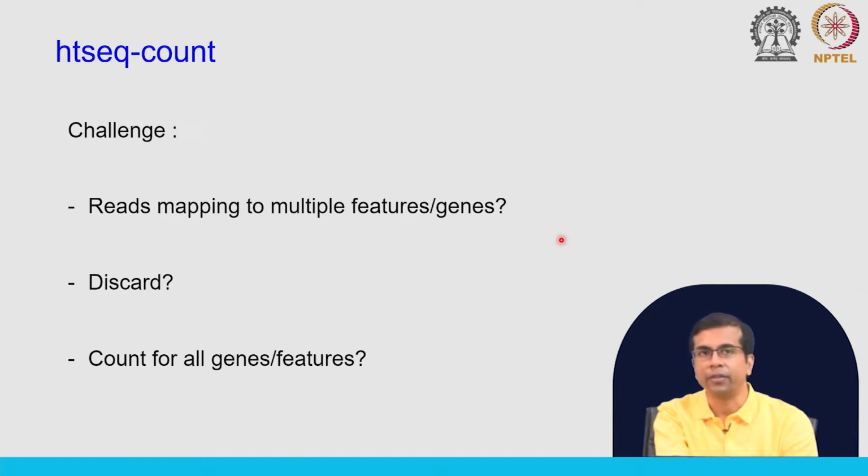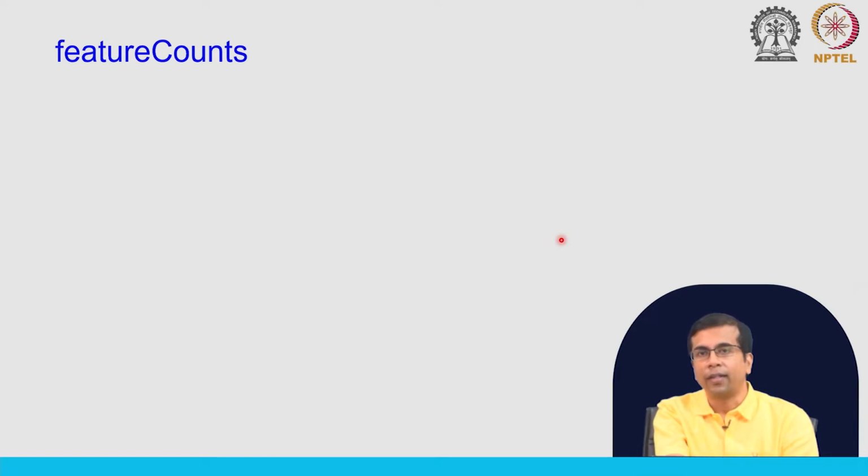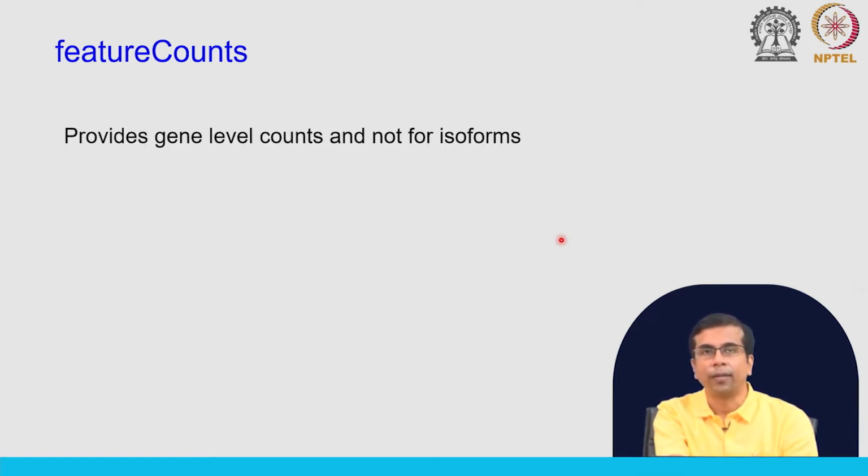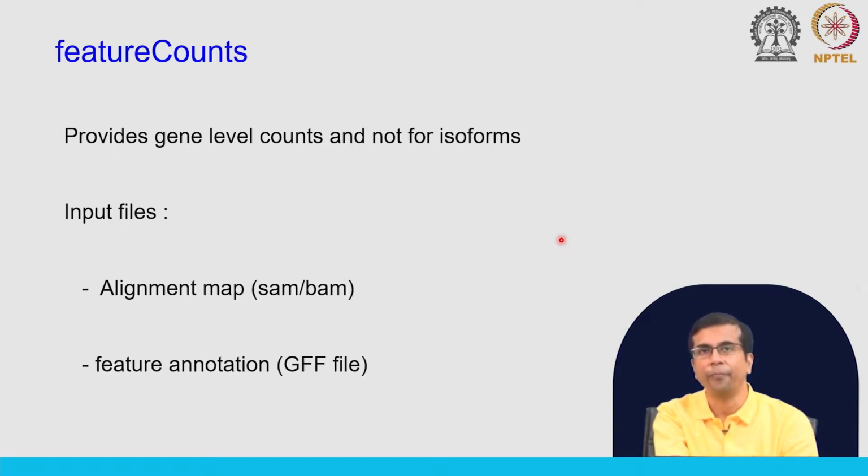Of course, there are more sophisticated models that can deal with these kinds of reads that map to multiple features or multiple genes. There is another tool called featureCounts, which is very similar to HTSeq-count. It provides gene level counts and it will not provide any count for isoforms, right. Again, as we have seen, doing this for isoforms is very difficult, right, identification of isoforms, especially from short read data.